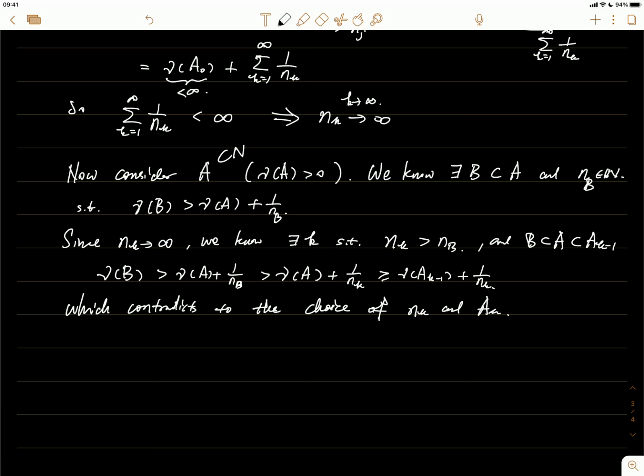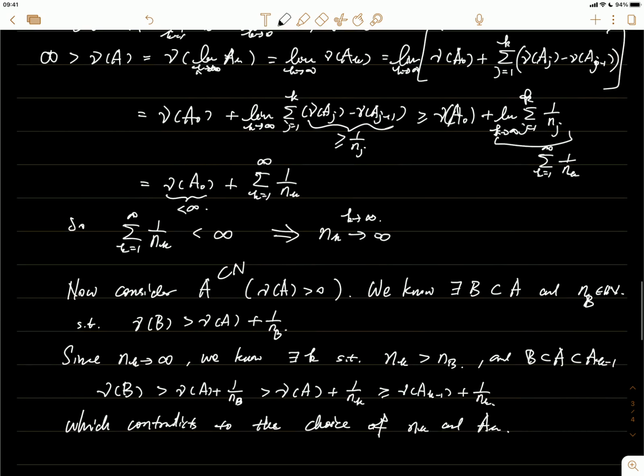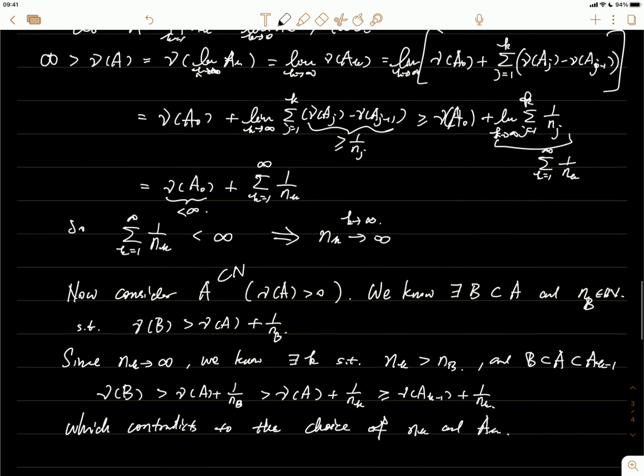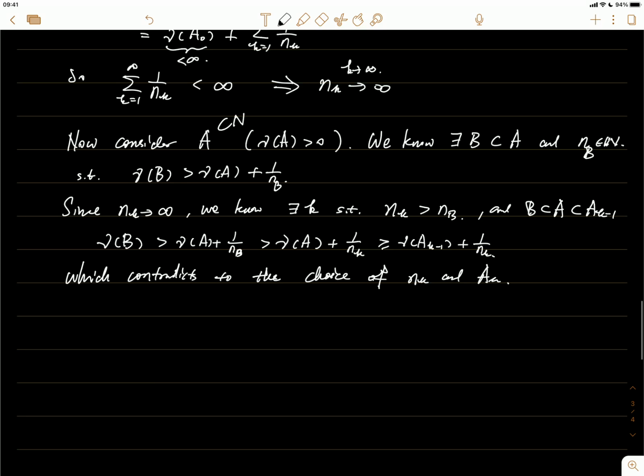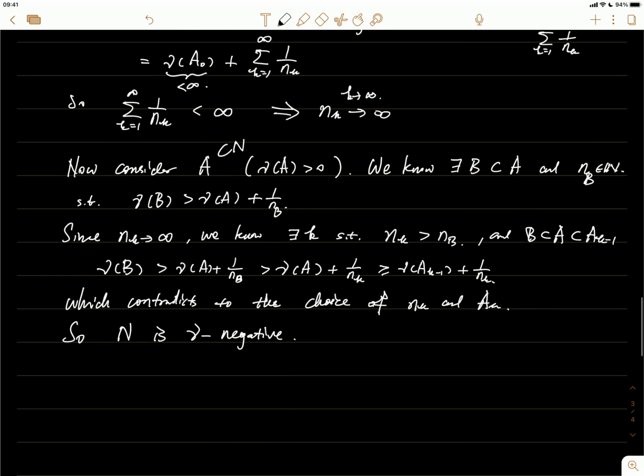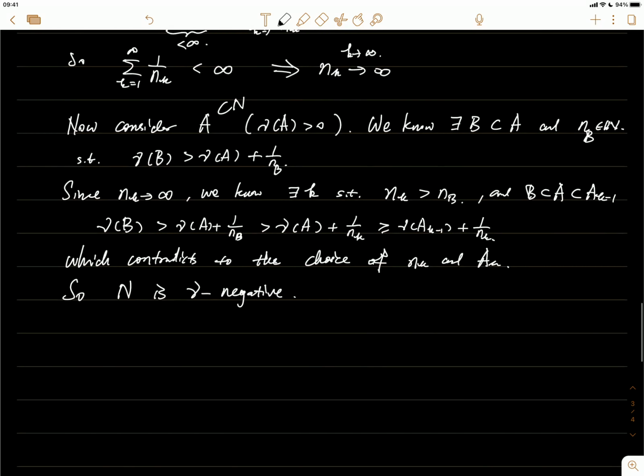So because of this contradiction, we know that this set N must be nu negative. Now we have shown that P is nu positive, and the complement of P, which is this N, is nu negative. And that completes the major part of this theorem.